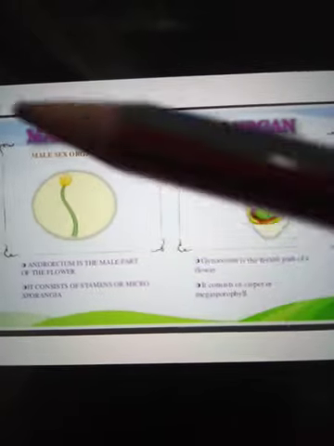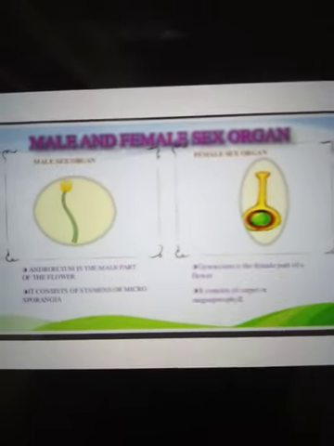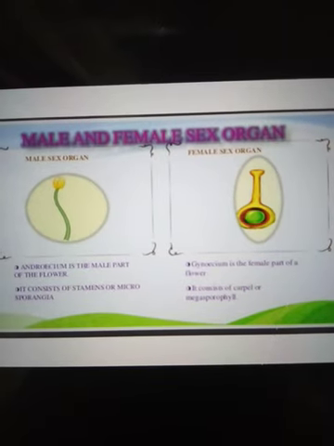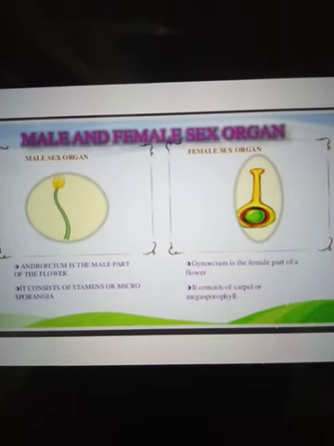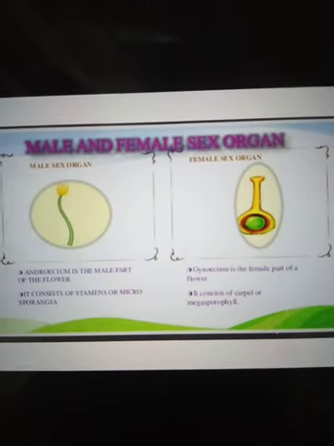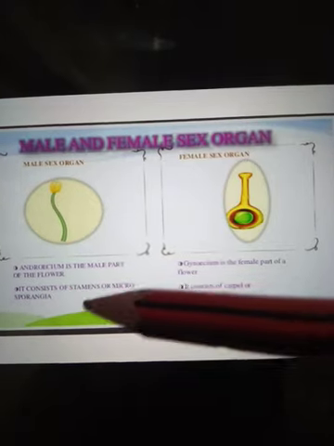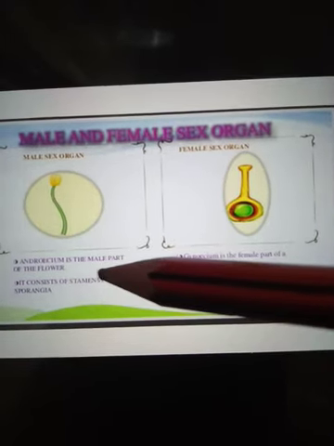These two diagrams show the male and female sex organs respectively. You can see the male sex organ as androecium, which is also known as stamen, the male part of the flower.